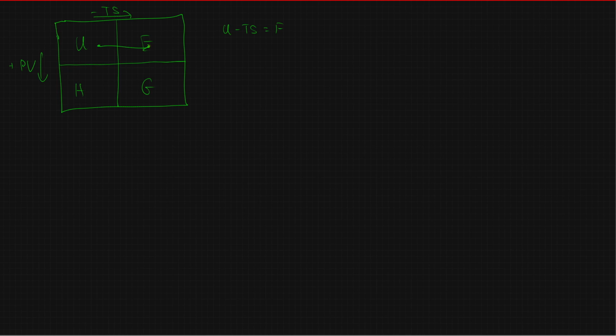And if you go from here to here, you should add PV, is what that's saying. So if we want to go down here, then we would take F plus PV, and that is G. And so like this, you can get from U to F to G, or you can get from U to H to G. And I suppose you could also go backwards if you wanted to. If you go backwards, you just subtract PV or add TS. So yeah, maybe this is kind of silly if you don't have any problem remembering it, but maybe for some people it'll help a little bit.